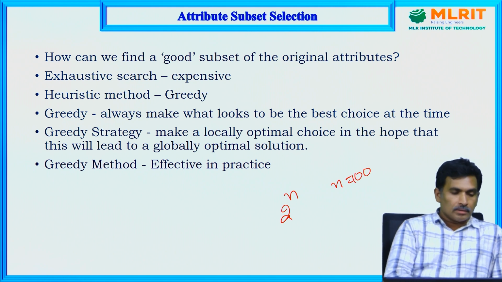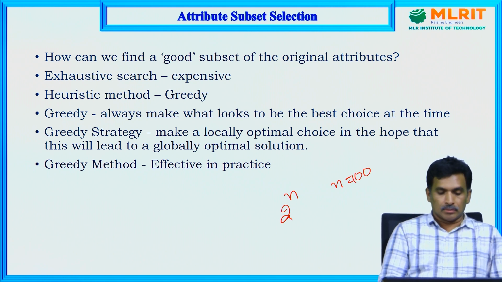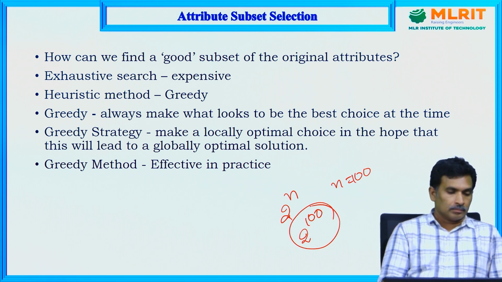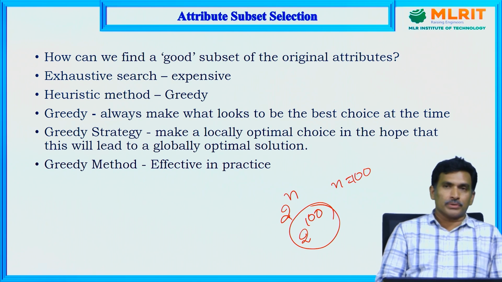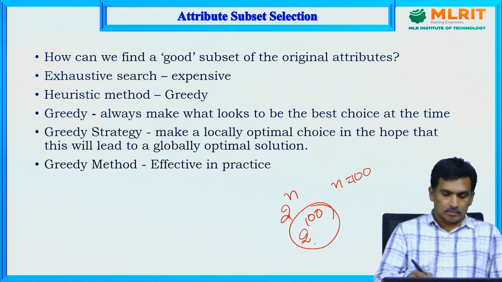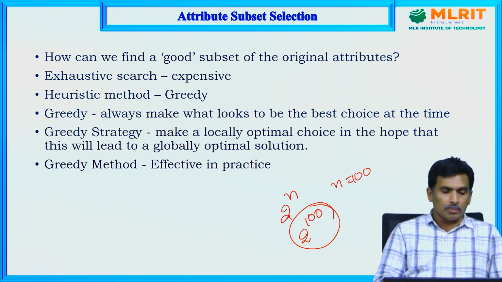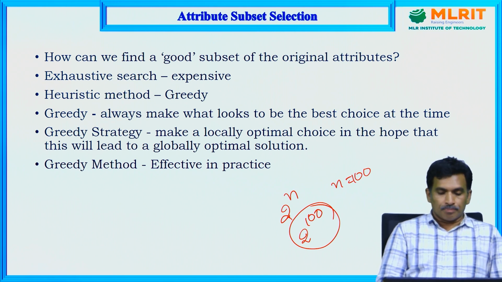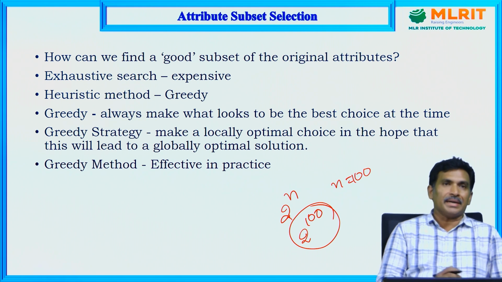So this exhaustive search, checking all 2 to the power of 100 subsets, is very expensive. So we need to rely on greedy methods.